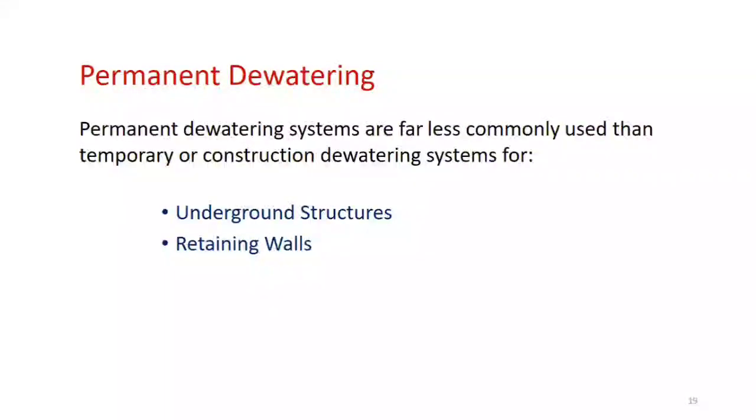Secondly, the water has its own pressure. This is going to be an additional pressure on the wall. So ultimately, the wall can fail due to high lateral pressures. So in retaining walls, it's very important to always keep the water table below the foundation, below the level of the floor.